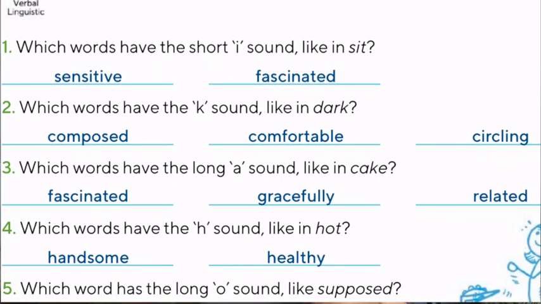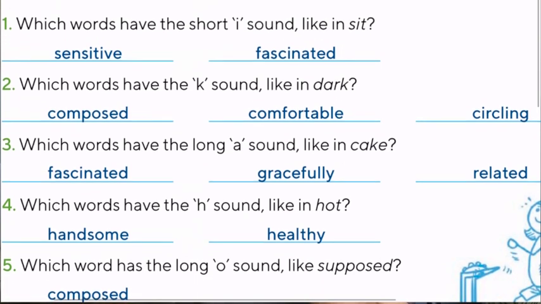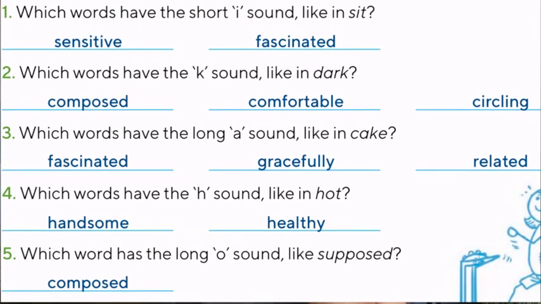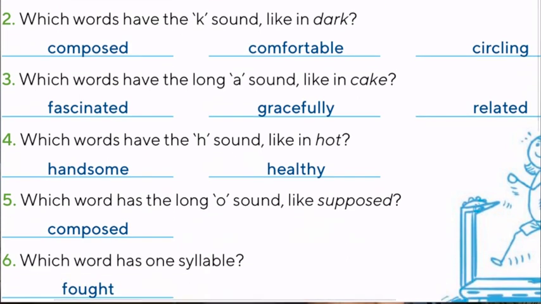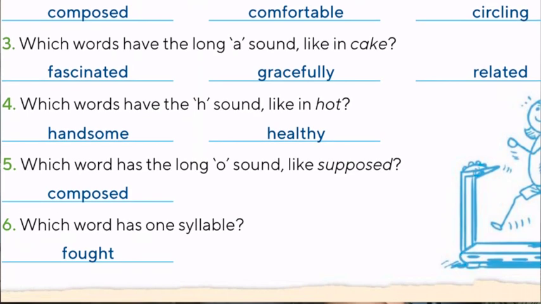Which word has the long O sound like supposed? Good. Composed. Number 6. Which word has one syllable? Thought. Good. And just like that, class, we finished part number 1. Congratulations. Let's go with the last part so we can finish this class.